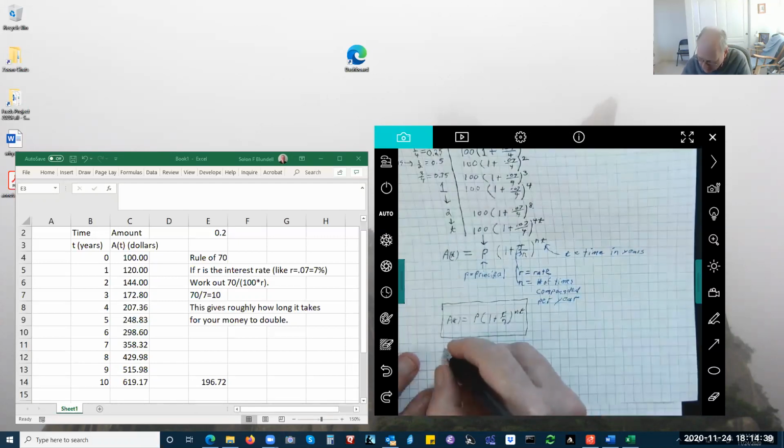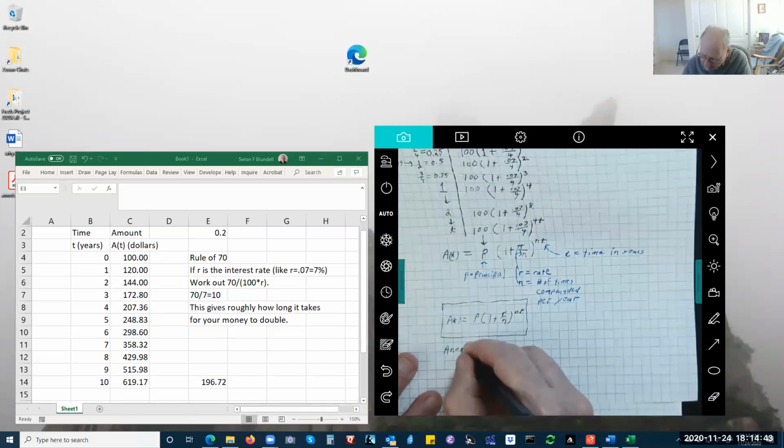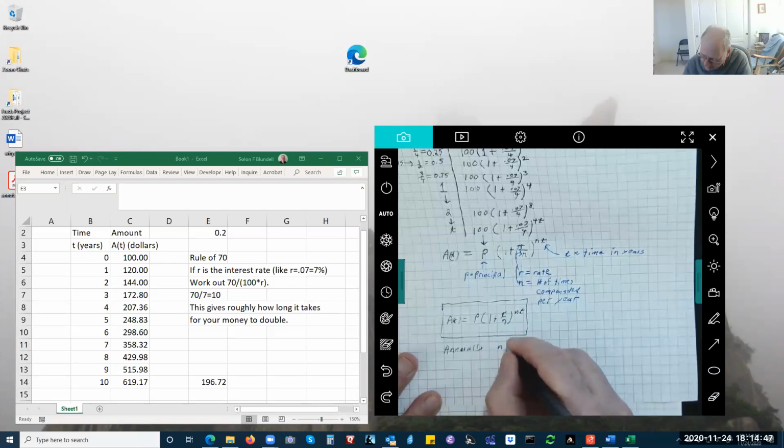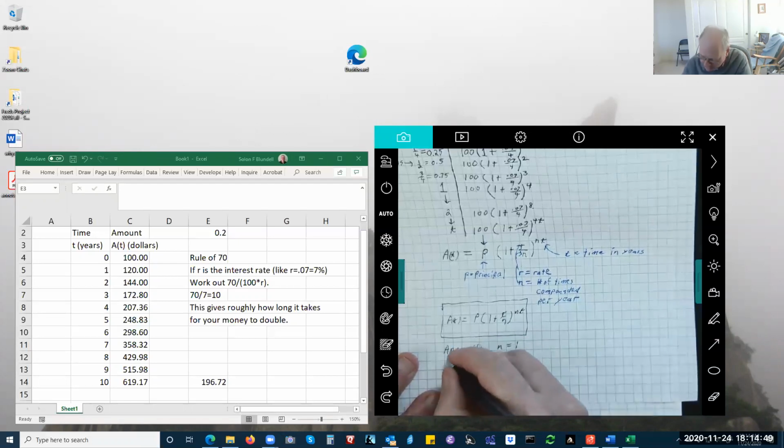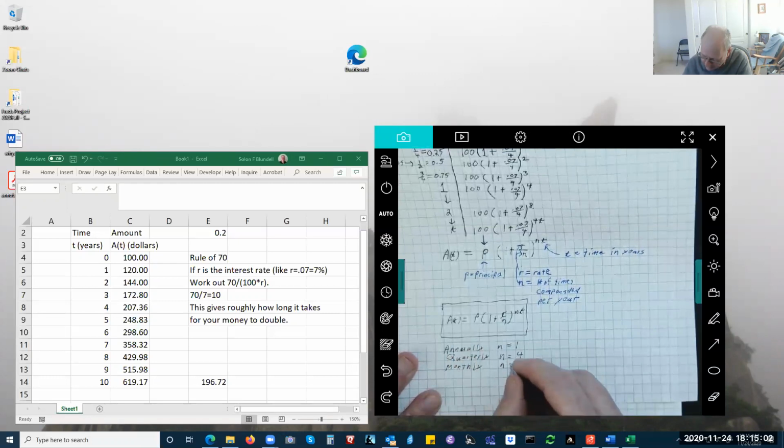So annually, N is 1 time per year. Or if you say quarterly, that means 4 times per year. Or if you say monthly, N equals 12 times per year.